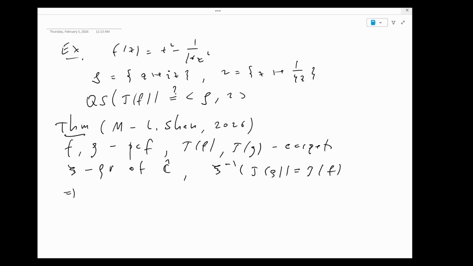The conclusion is that if you restrict C to the Julia set, then it's a restriction of a rational map, which we'll call C hat. This is the first result.